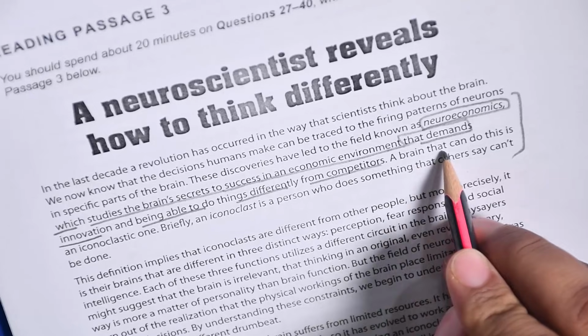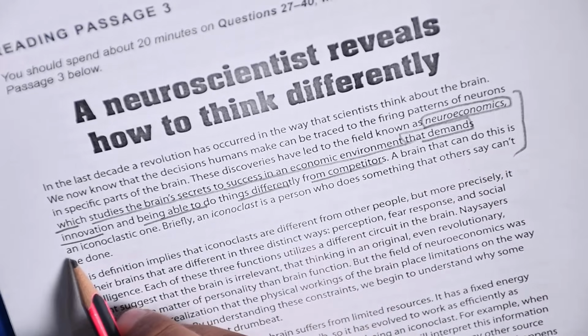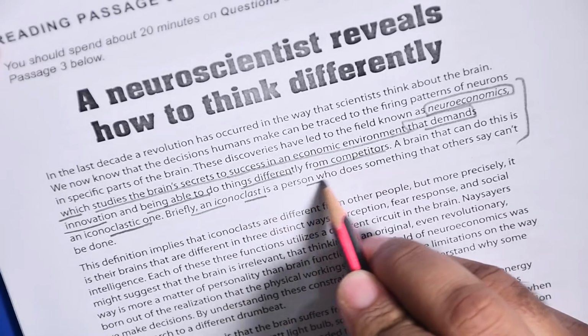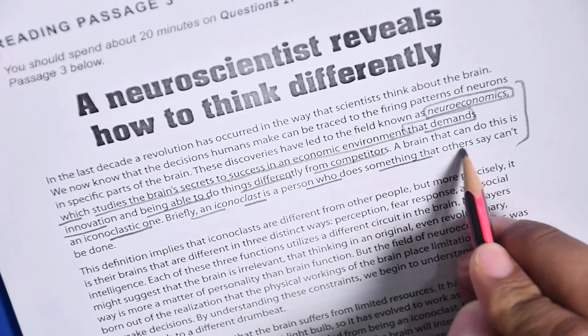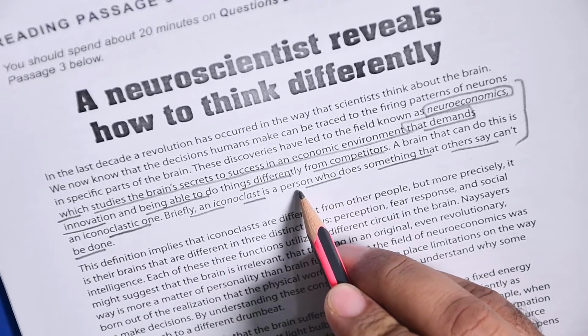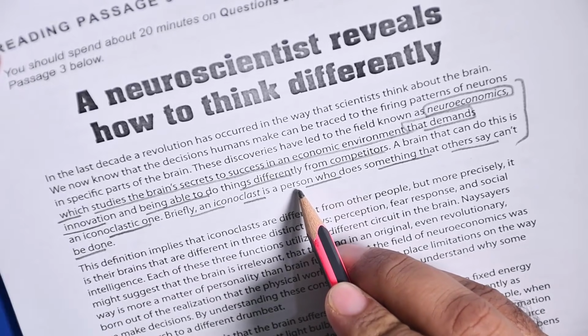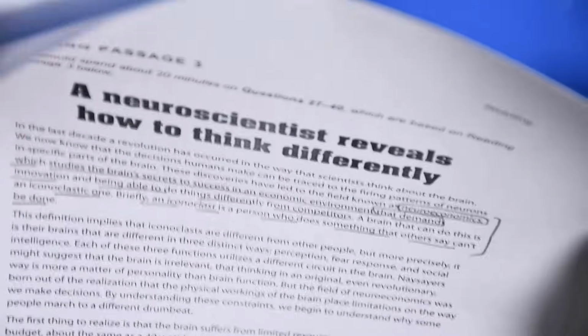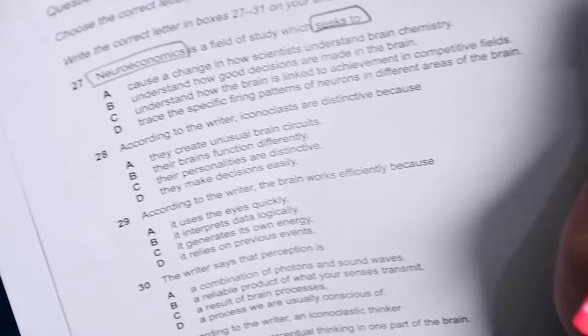So a brain that can do this is an iconoclastic one. Briefly, an iconoclast is a person who does something that others say cannot be done. Anyways, let's just see now what they say about it.